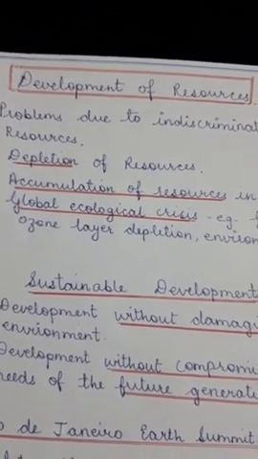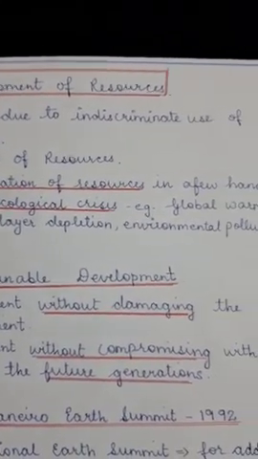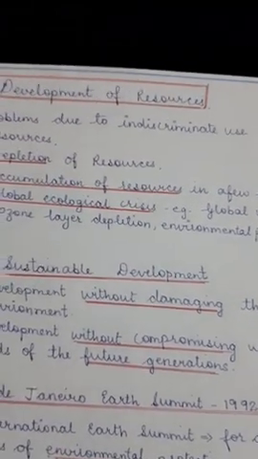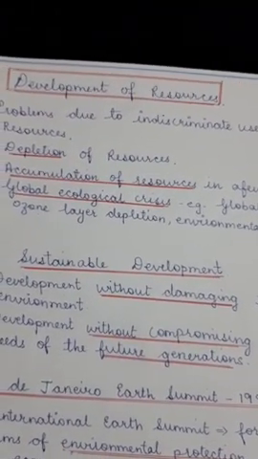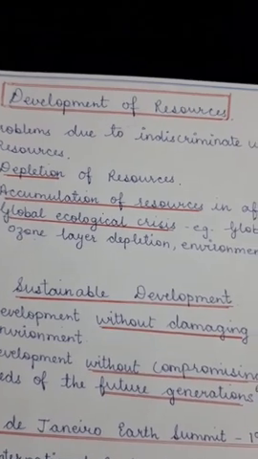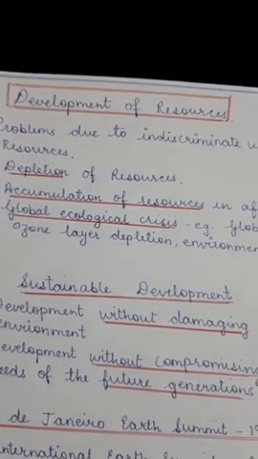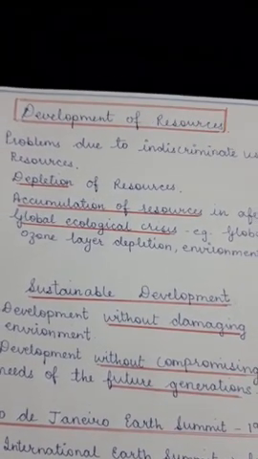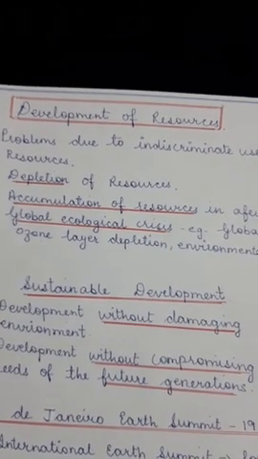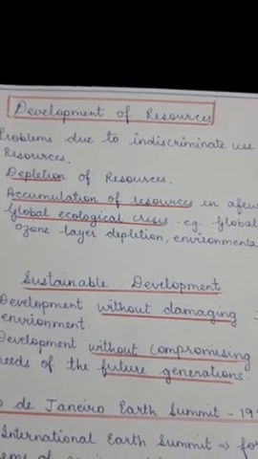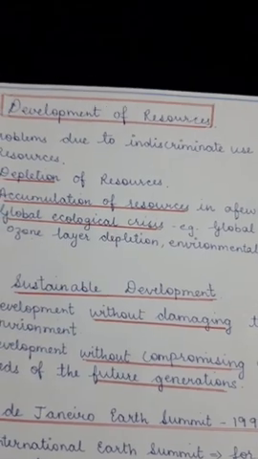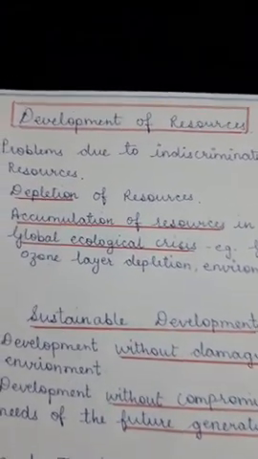Then we have accumulation of resources in a few hands. That means resources will be more available in the hands of the rich and not the poor. So there's going to be a social problem over here, a widening gap between the rich and the poor, the haves and the have-nots.